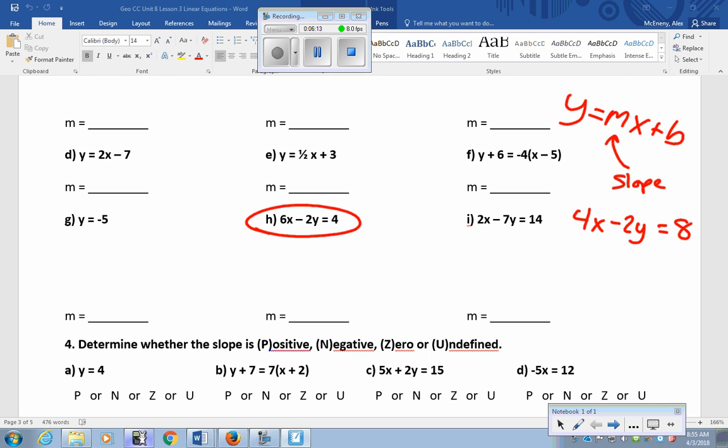I'm writing out an equation I just came up with right now. And what I'm going to do is get Y by itself. So first I'm going to move the X term, or any other term that's not connected with a Y.